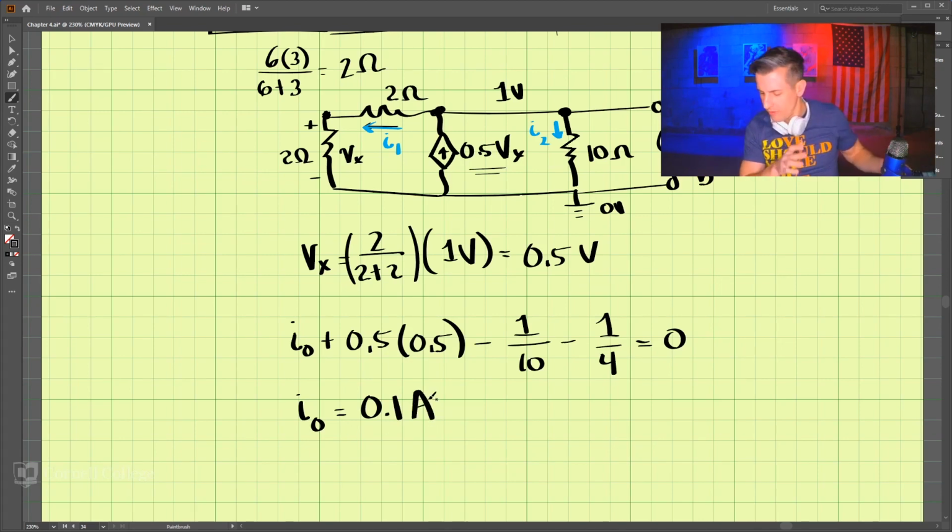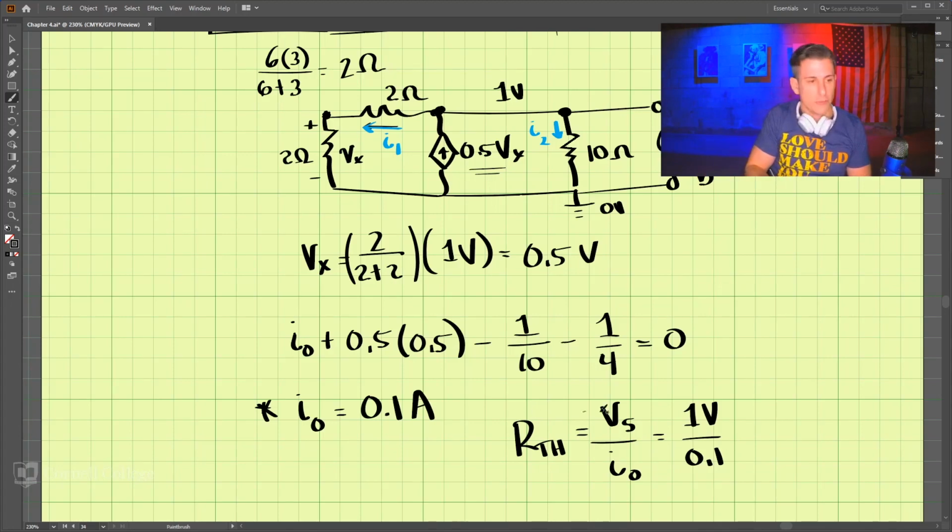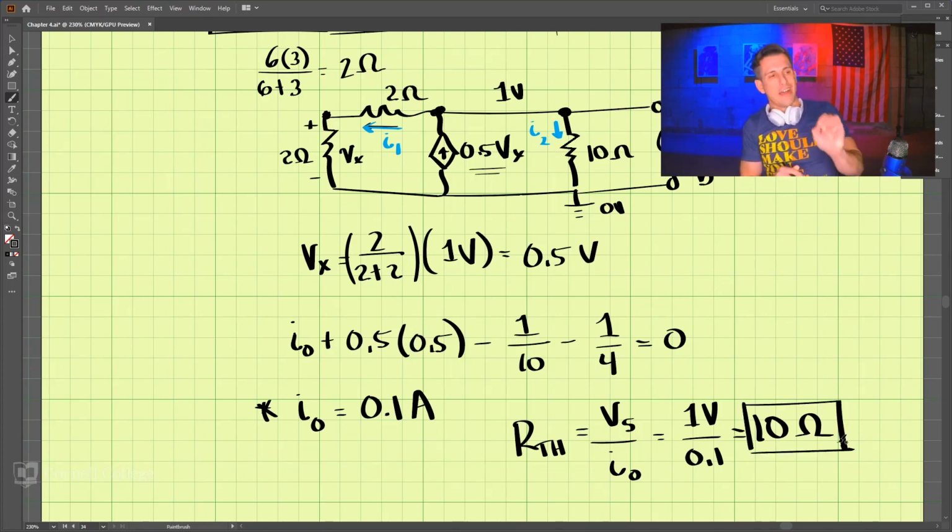So with this current, we can figure out our Thevenin resistance, which is equal to the voltage source divided by I naught. So we have the voltage source, 1 volt, divided by I naught, which is 0.1. And that comes out to be a Thevenin resistance of 10 ohms. But we're not done yet.